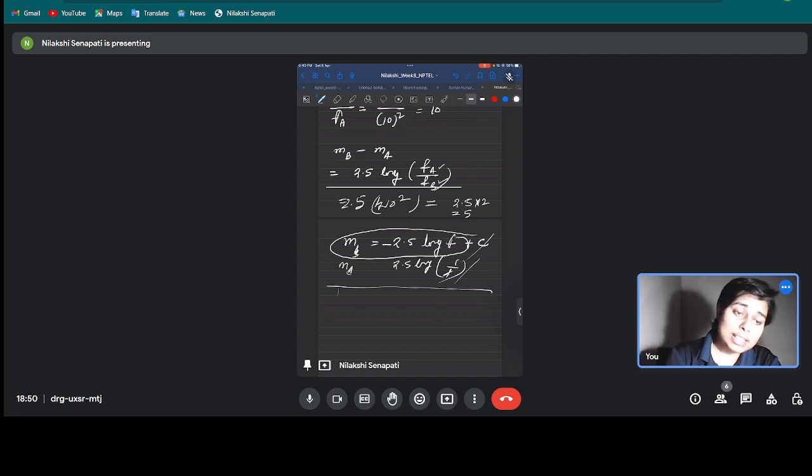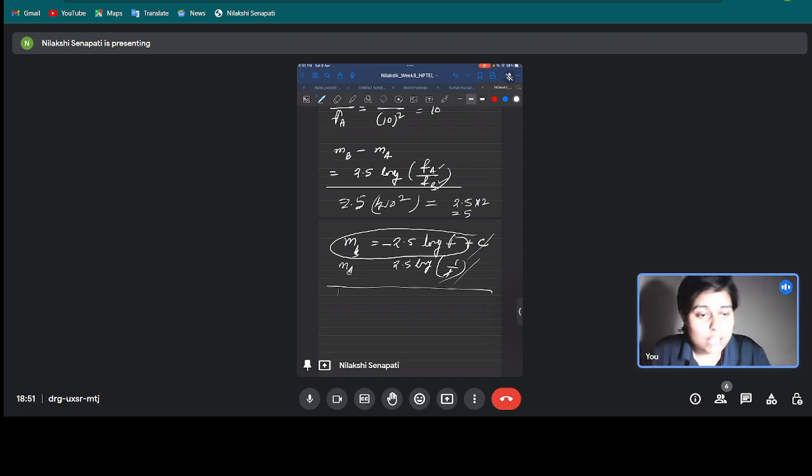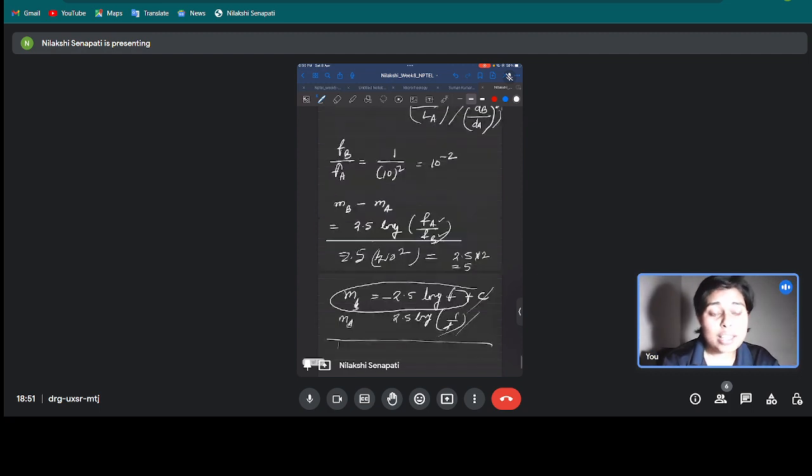If you know that, then you can just manipulate these things: what is given to you, what you need to find out, and how you can play with the flux density, luminosity, all those things.